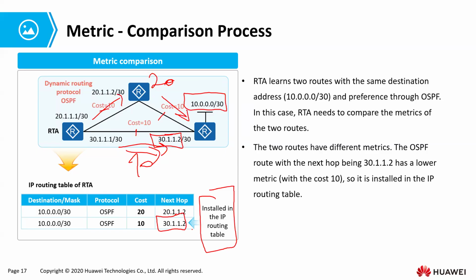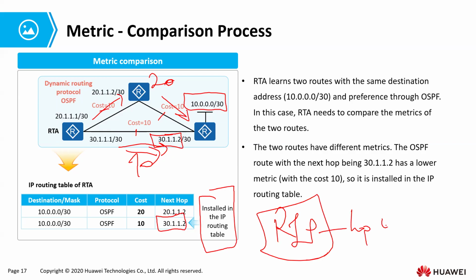We have other types of metrics, for example in RIP. RIP just uses hop count. So let's say the preferences are the same.